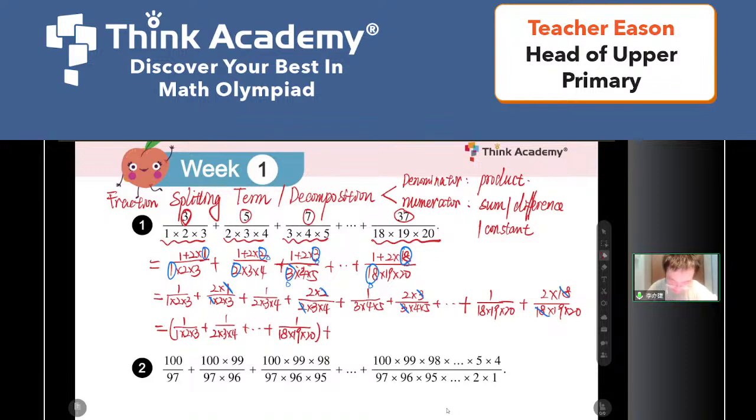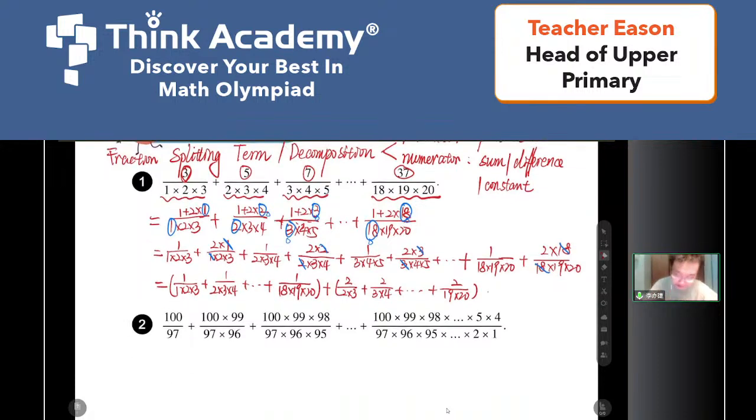The second part, after we cancel the 1, 2, 3 here, is 2 over 2 times 3, 2 over 3 times 4, until the end, which will be 2 over 19, 20. And both of these parts can use the splitting term to easily calculate it.